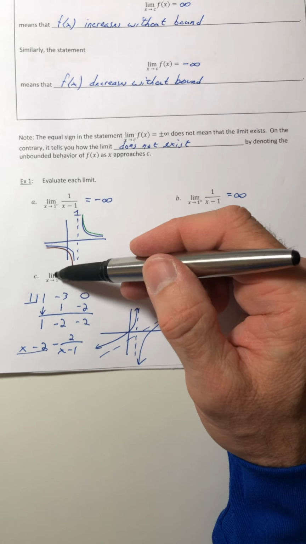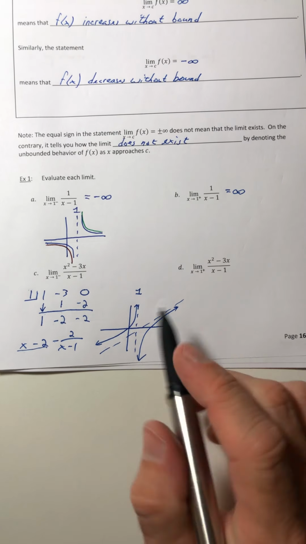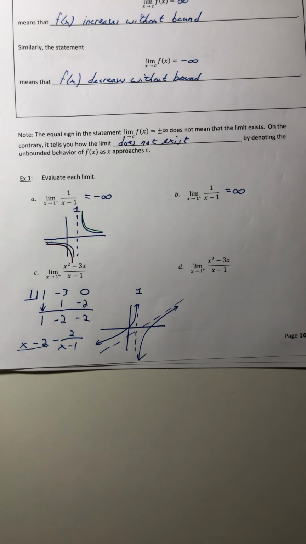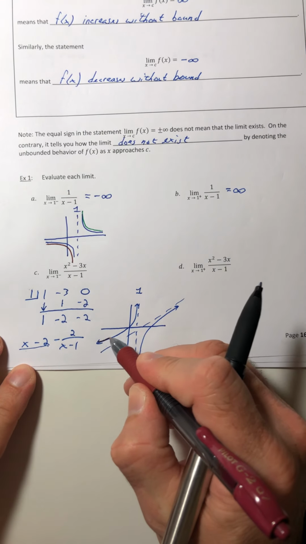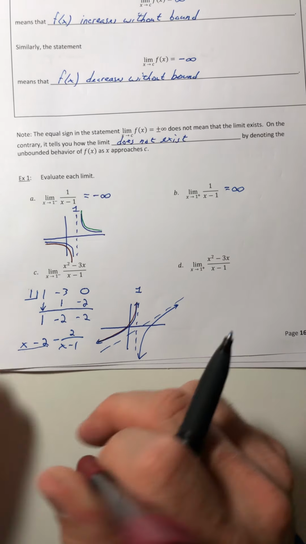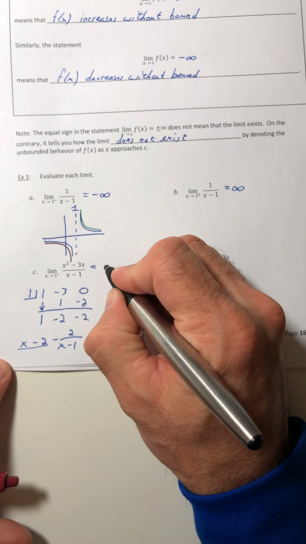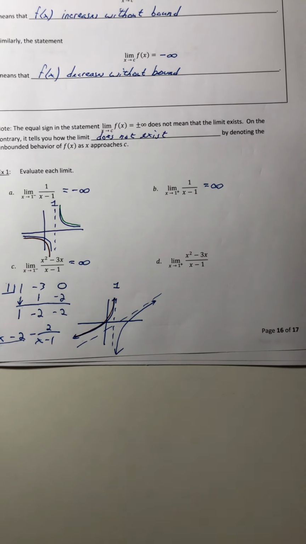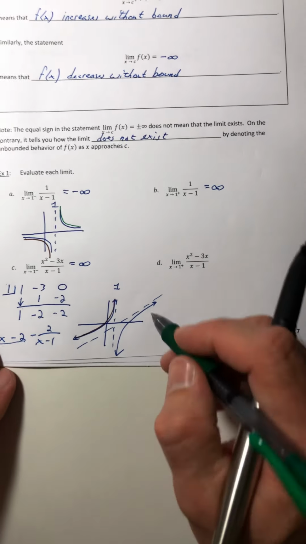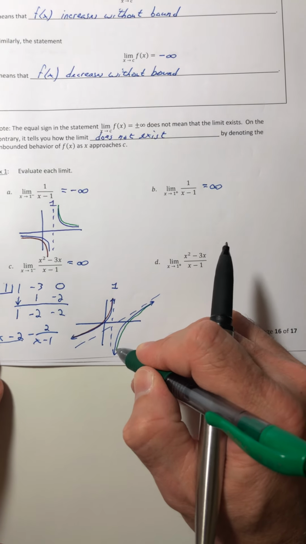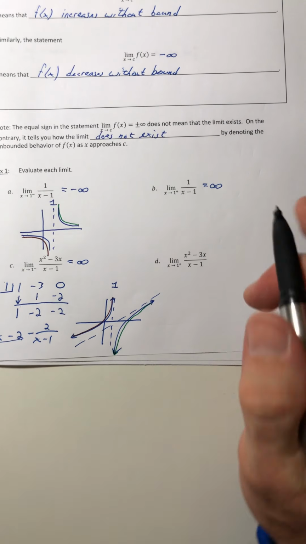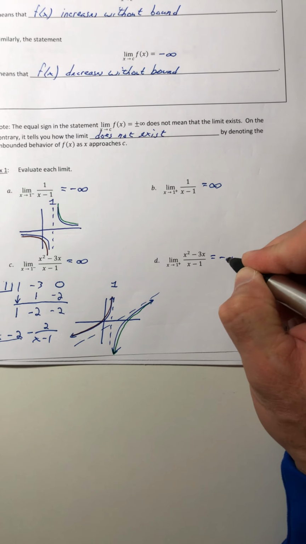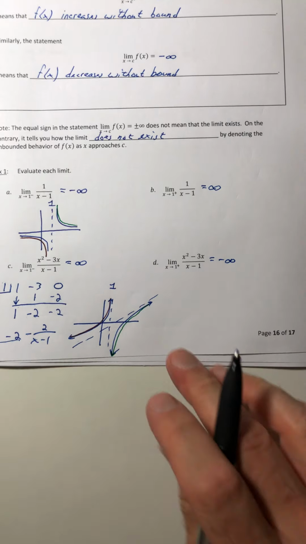As x approaches 1 from the left, you're tracing along like this, and it's going up to positive infinity. For part D, the limit from the right, that's going down towards negative infinity.